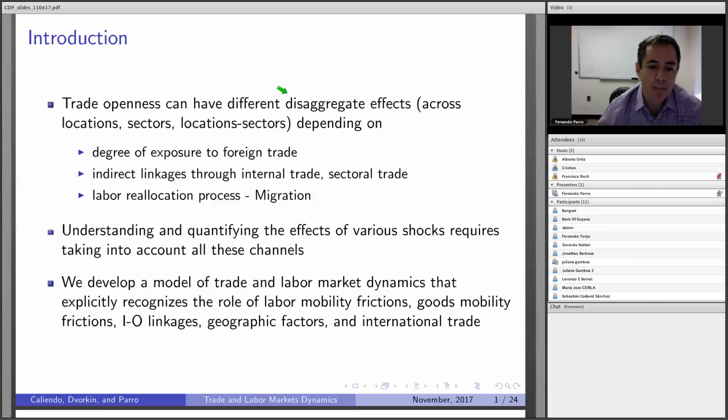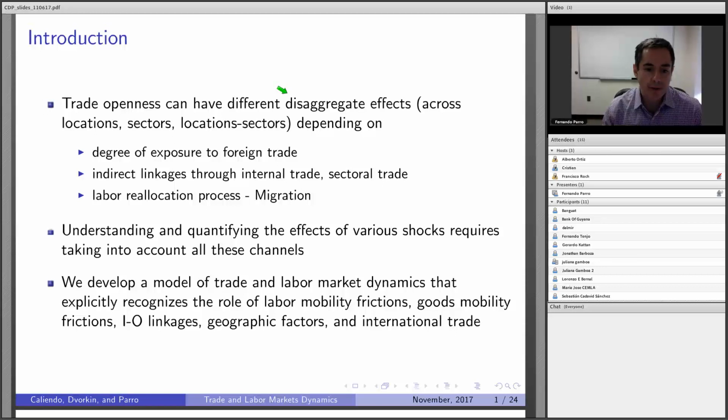And when thinking about how a trade shock, say an increase in import competition from China, impacts US labor markets, we are going to take into account several mechanisms. So for instance, different sectors and different regions in the United States have a differential exposure to foreign trade. Just to give you an example, a non-tradable sector is not going to be directly exposed to China, but some manufacturing sectors can have a high exposure to China.